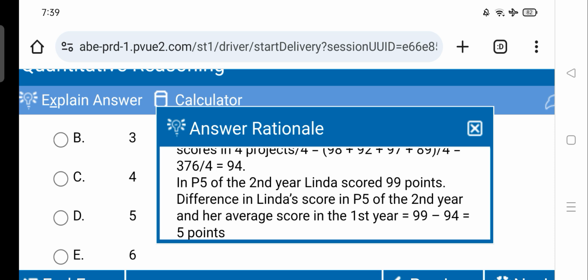The difference equals 99 minus 94 equals 5 points.